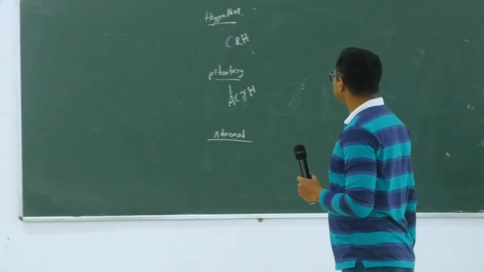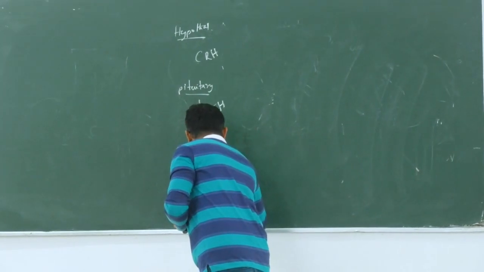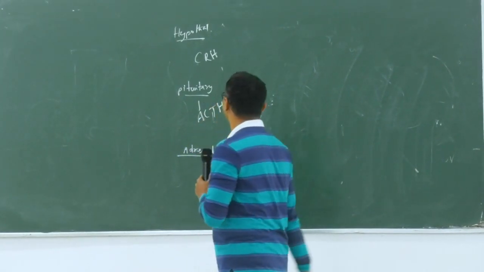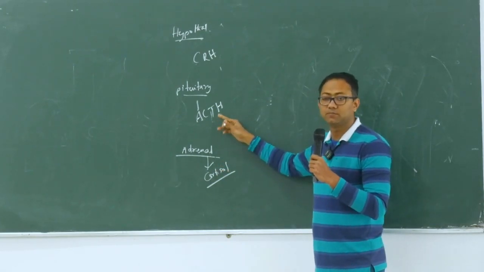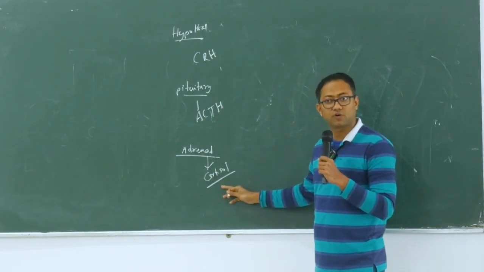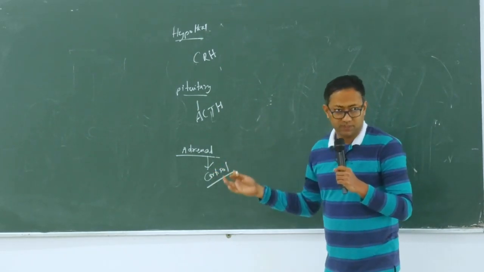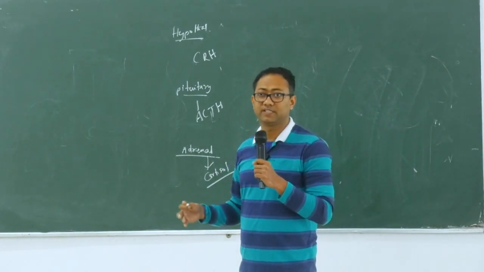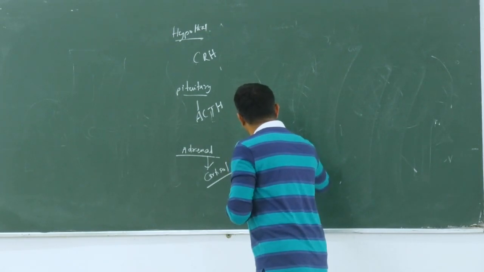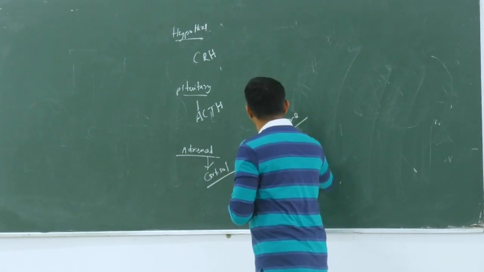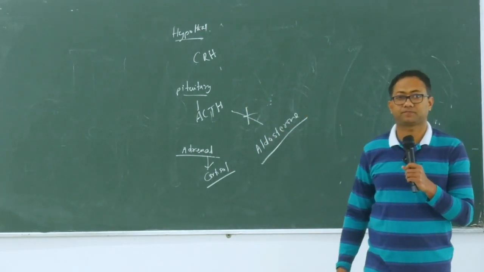Okay. So, from the adrenal, cortisol secretion is under control of ACTH. The more ACTH, the more is the secretion of cortisol. But this is not true in case of mineralocorticoids like aldosterone. Aldosterone is not under direct control of ACTH.